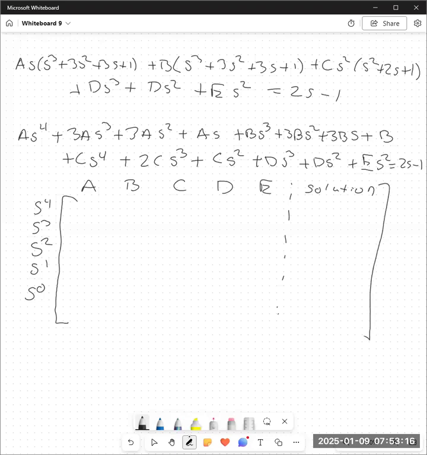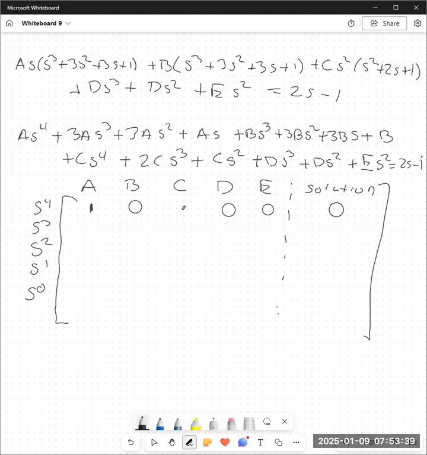So for instance, for my s to the fourth, I have one a s to the fourth and one c s to the fourth, putting zeros as placeholders in the rest of the row. And then do I have any s to the fourth on the right-hand side?